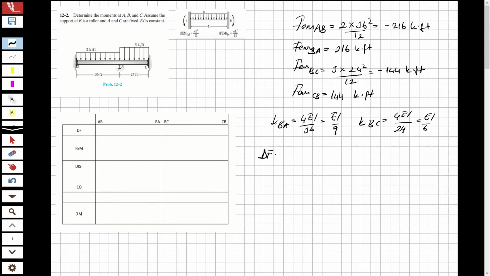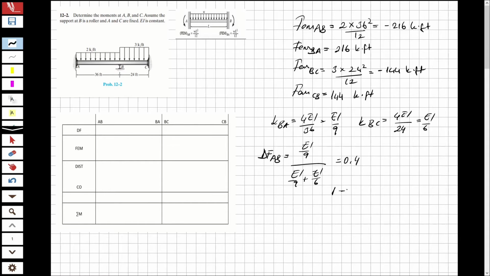Distribution factor BA will be equal to EI over 9 over EI over 9 plus EI over 6, and will be equal to 0.4.